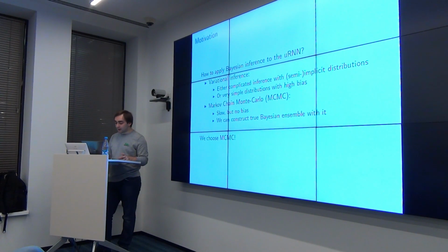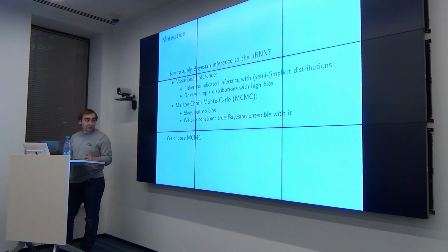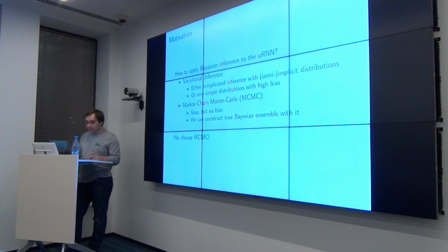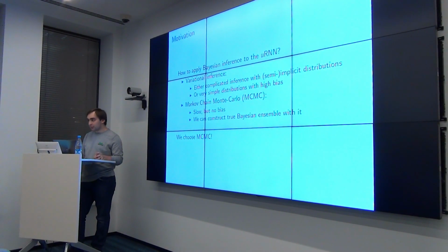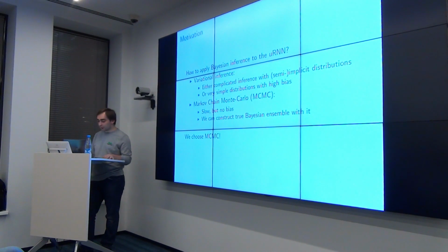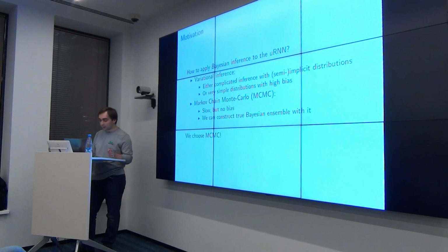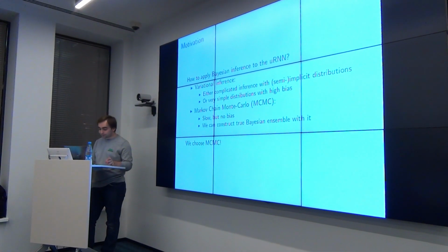Instead, we can use Markov chain Monte Carlo. It's a bit slower, but it's unbiased, and we can construct a true Bayesian ensemble using samples from Markov chain Monte Carlo, not like from variational inference. So we choose MCMC.